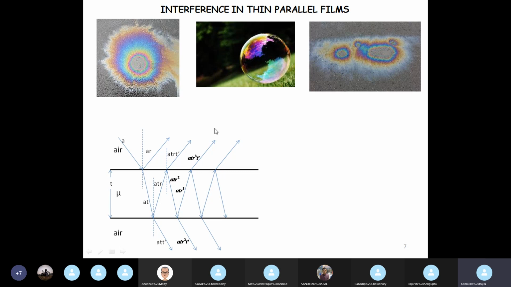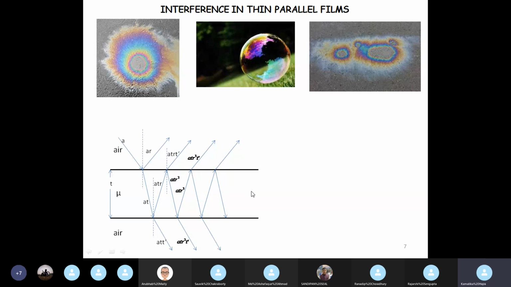Now this again gets transmitted and reflected, and the reflected ray is ATR squared, whereas the transmitted ray is ATR T' again, because it goes from the medium to air. Again this one is ATR cubed, ATR squared T', ATR cubed T', and this will be ATR to the power 4 T', and so on and so forth.